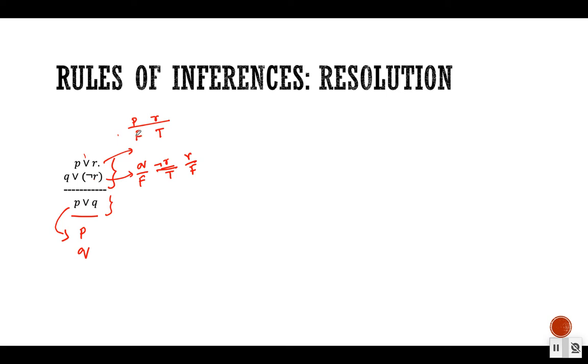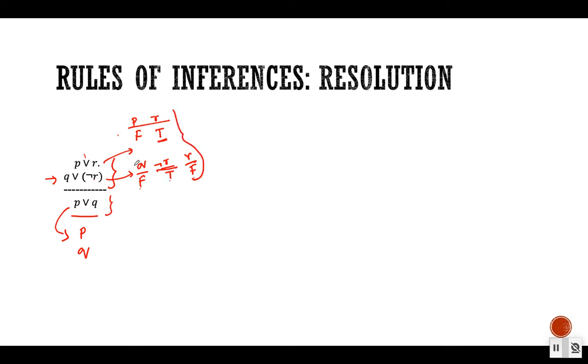So we are assuming that both P and Q are false, and asking whether both hypotheses are true. For the first hypothesis, if P is false, R has to be true. For the second hypothesis, if Q is false, then not R has to be true, meaning R has to be false.